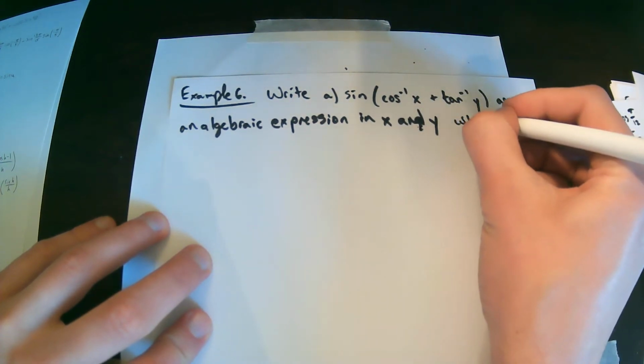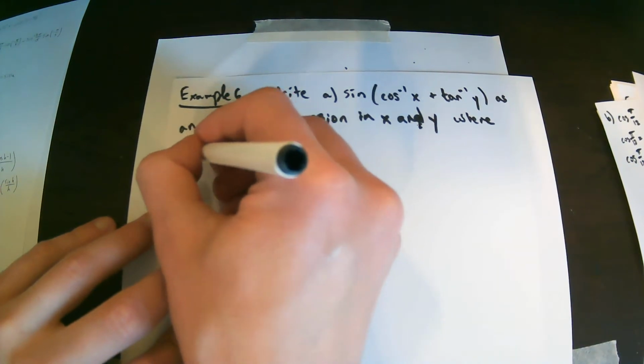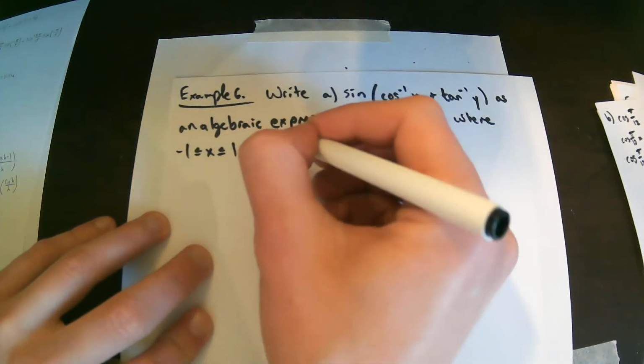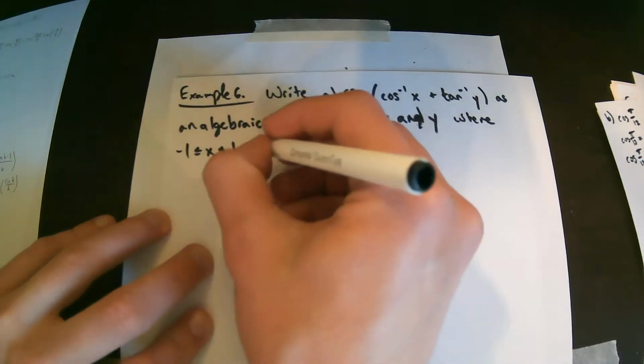And then they're telling us the bounds on x. This is just to make sure that we don't mess up our trig functions and plug numbers that aren't allowed in there.